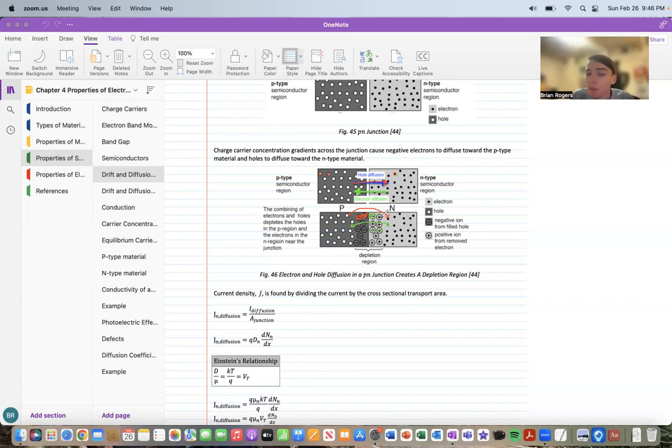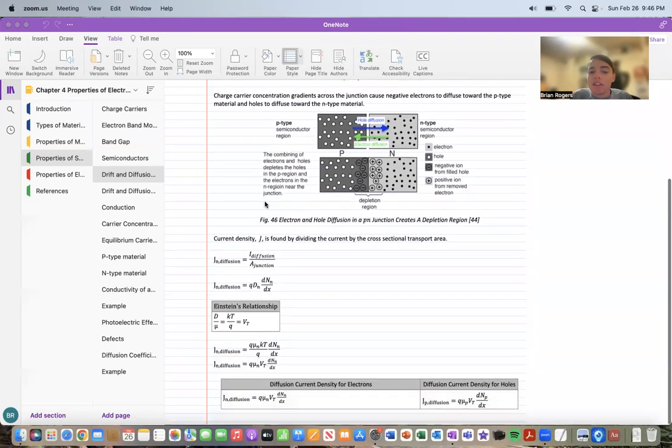And so we're going to get the buildup of ions here at that junction point. Notice that these ions are what constitute the depletion region. The negative ions are caused by the holes diffusing over to the right-hand side into the n-type region, and then we have the positive ions that are created due to the electrons diffusing over into the p-type material.